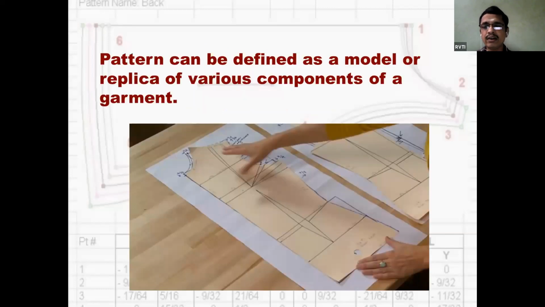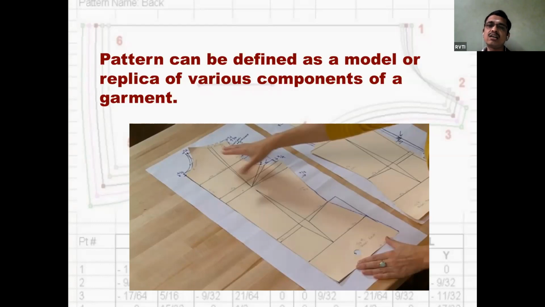Before that, we should know what we mean by pattern. A pattern can be defined as a model or replica of various components of a garment. One garment has several components. Say if a shirt is a garment, it has two fronts, one back, two yokes, two collar bands, two collars, two collar facings, two cuffs, and so on.